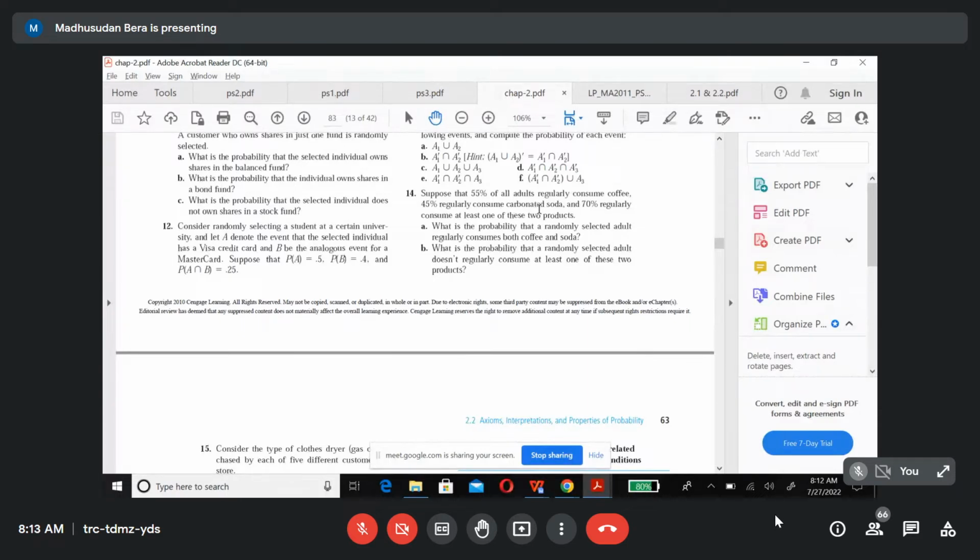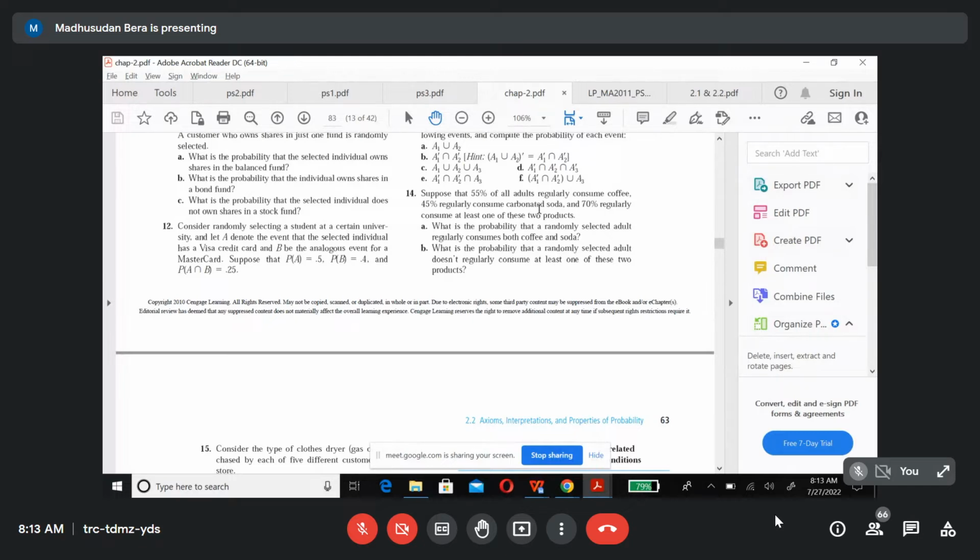What is the probability that a randomly selected adult regularly consumes both coffee and soda? Then what is the probability that a randomly selected adult does not regularly consume at least one of these two items?